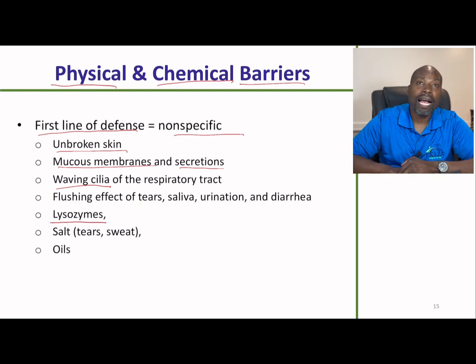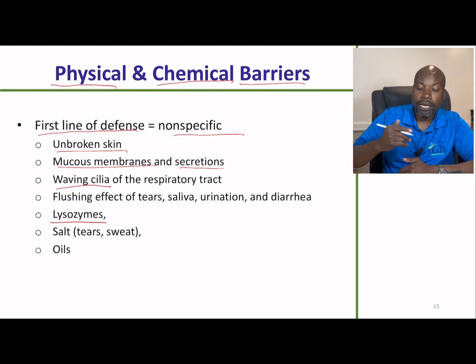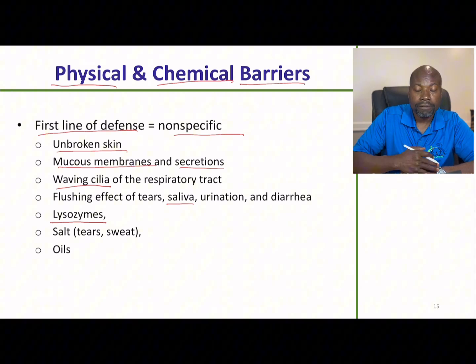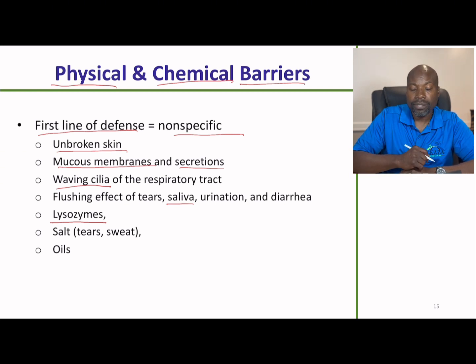Lysozymes are able to actually break down the cell wall of bacteria, right? Tears are also going to have lysozymes and salt. You have urination, which is a way of flushing foreign particles out.